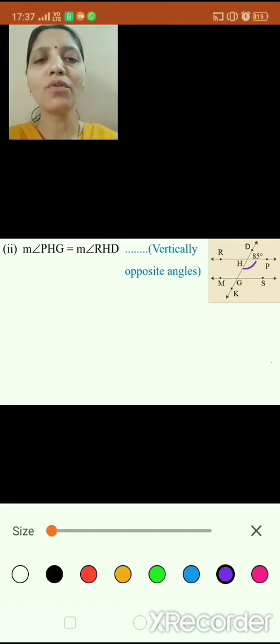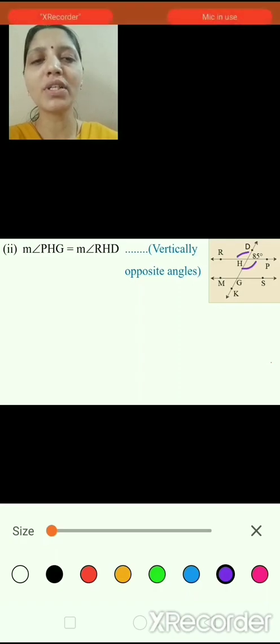Now how to find this major angle PHG? As we know angle RHD, this angle, just now we have found out its measurement. Yes, 95 degrees. So angle RHD and angle PHG are vertically opposite angles, so they must be equal.